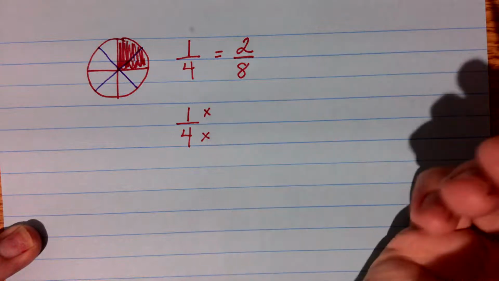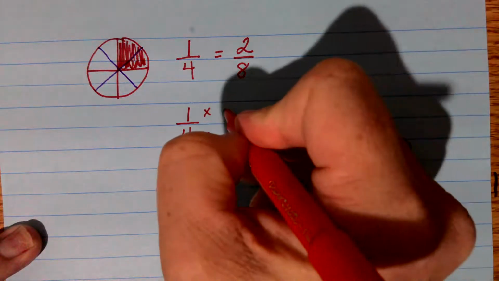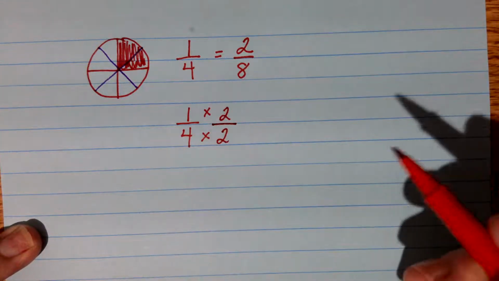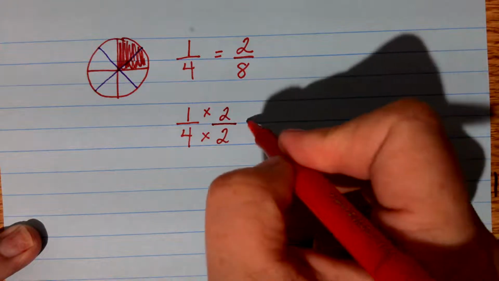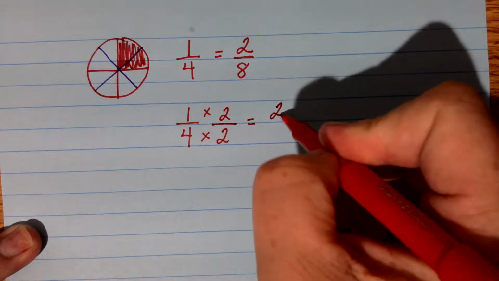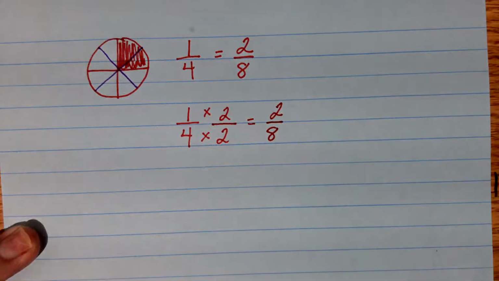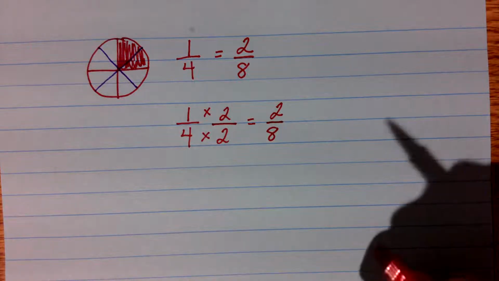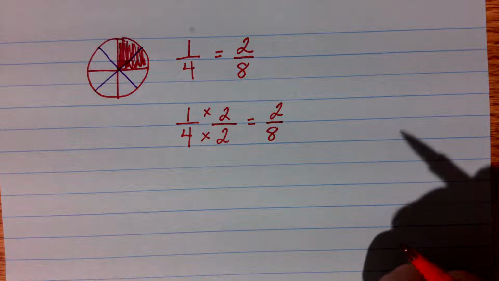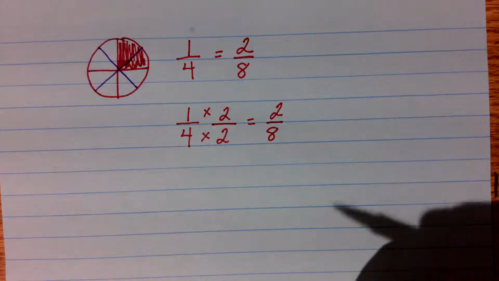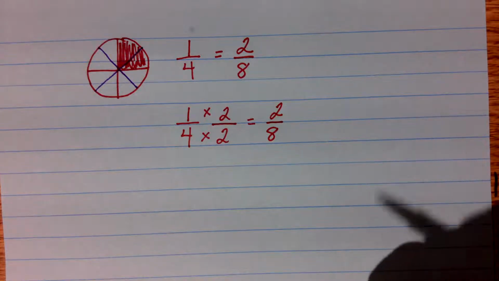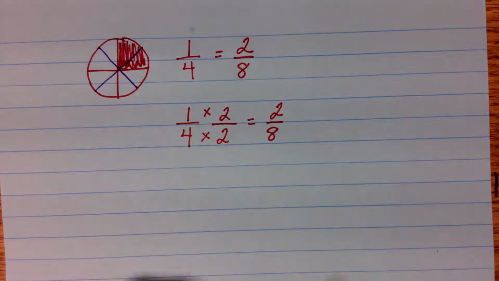So when we look at 1/4, we can multiply by 2/2, which is 1, to get 2/8. We can do this with pretty much any whole number, a fraction that's equivalent to 1, and get an equivalent fraction for what we're working with.